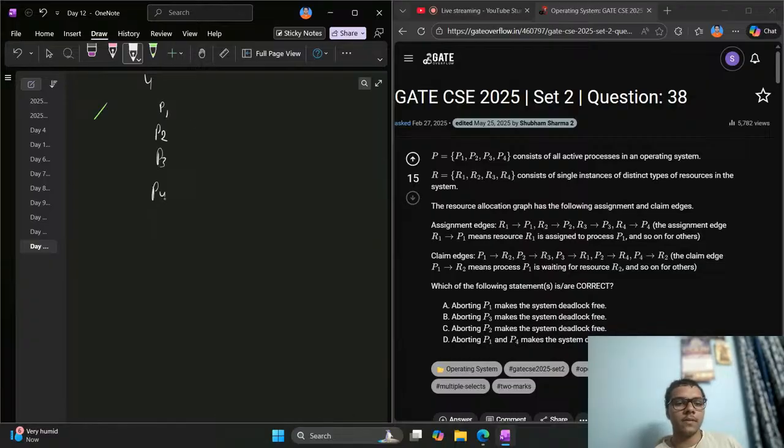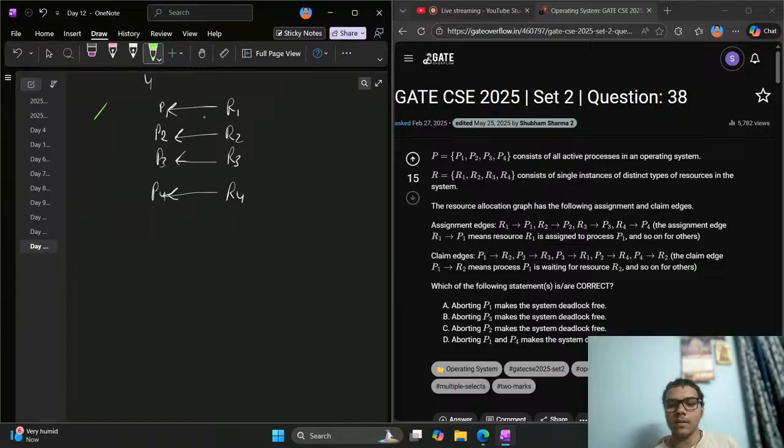P1, P2, P3, P4, R1, R2, R3, R4. So R1, the resource is allocated to P1, and resource 2 is allocated.